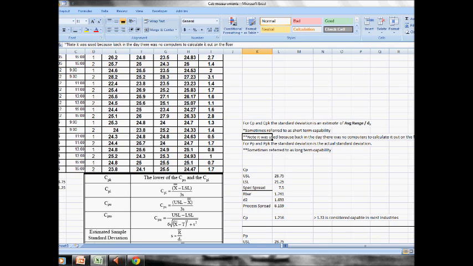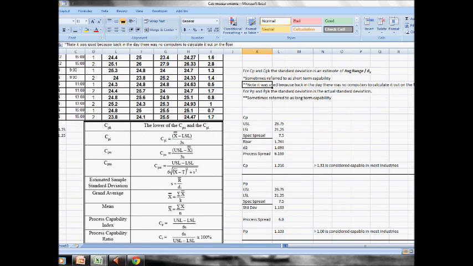So that's why you have the CP and the CPK measurements, because it was easy to calculate out on the floor. All right, but this CP says whether the process is capable of producing good parts. What we do with CPK is it tells whether you're actually producing good parts. So don't misinterpret this CP number.